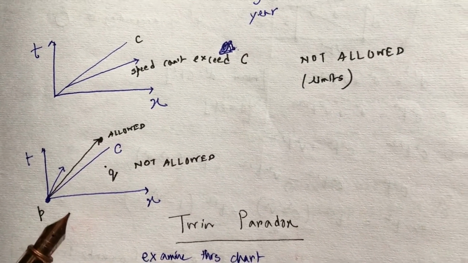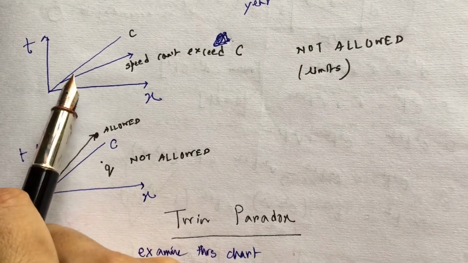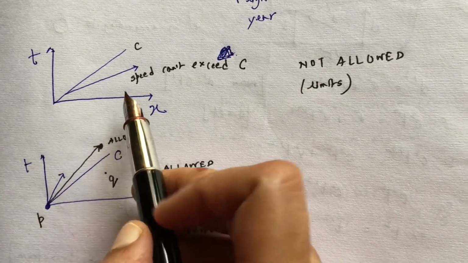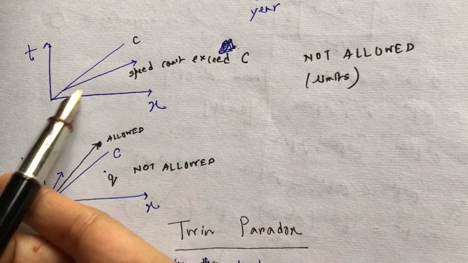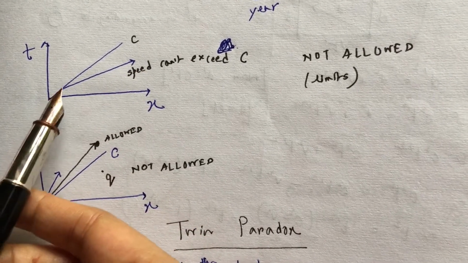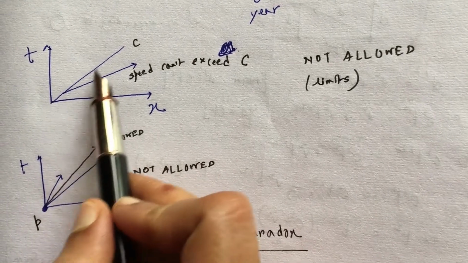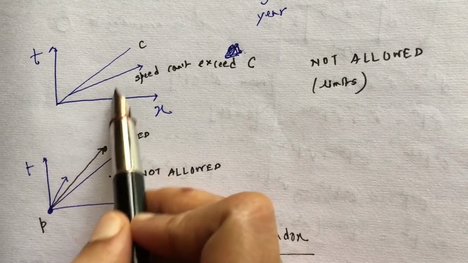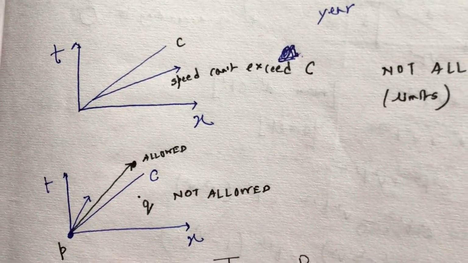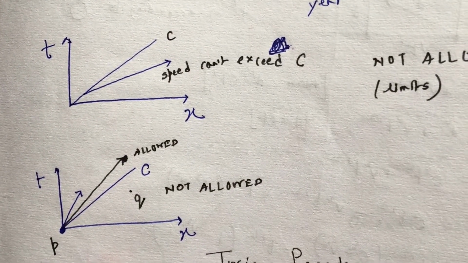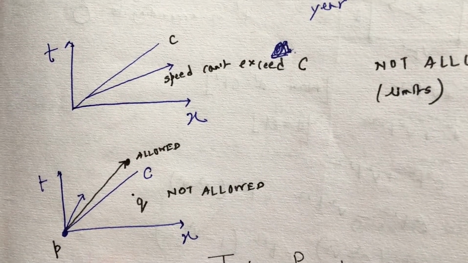If we look into the space-time plot, we can see that we cannot play in this section. We cannot go like this. I mean, the area which is under this c straight line, this area cannot be achieved by us, because we cannot travel with the speed which is higher than the speed of light.